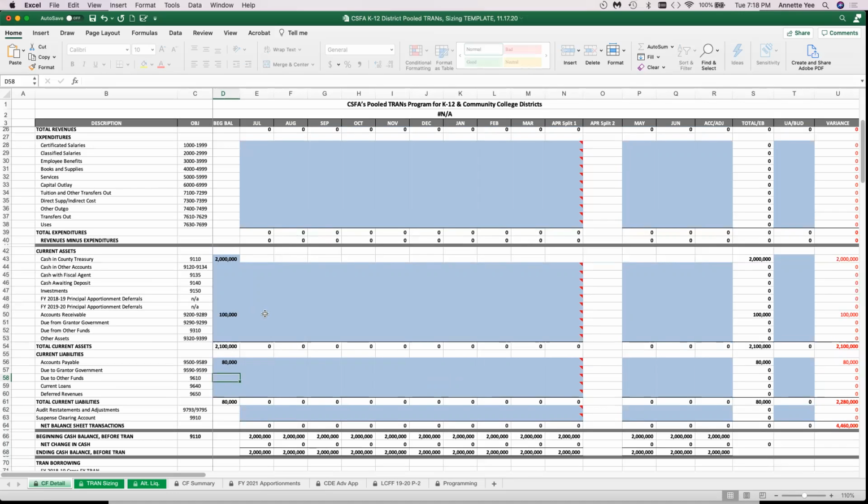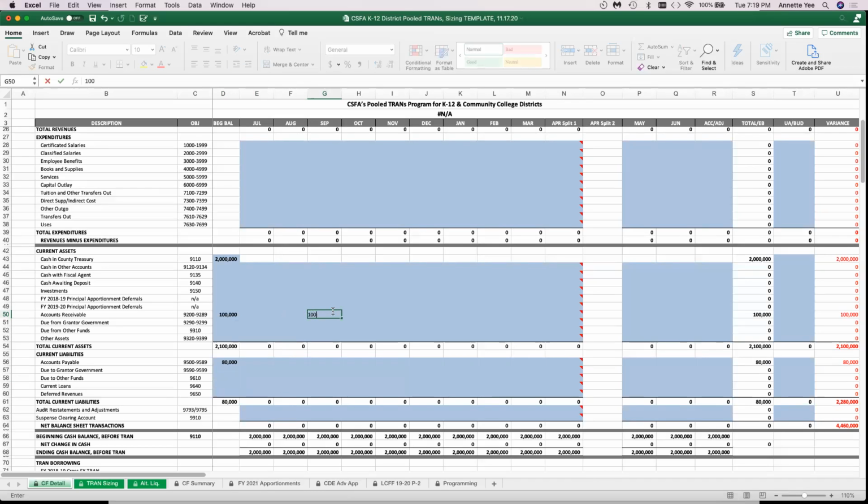For example, let's assume somebody paid us the $100,000, and you can put it in any month you like. Let's say they said they would pay us by the end of the first quarter, so we received it in September.